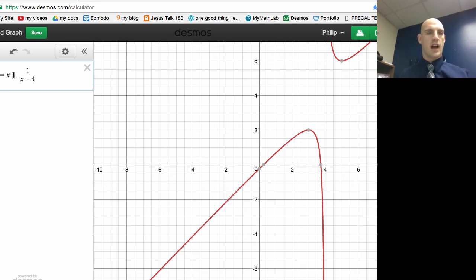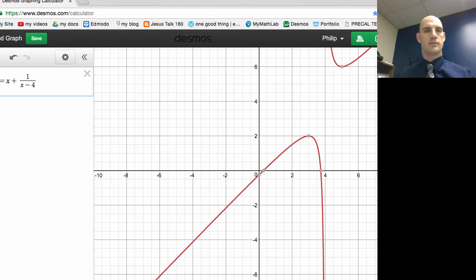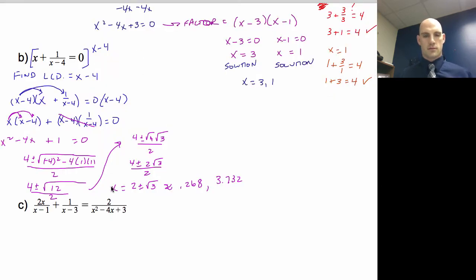So here's my function, x plus 1 over x minus 4, and I'm trying to figure out where it equals 0. If I hover over my graph here and do a second trace, find those zeros, I have 0.268 and also 3.732. And so when I go back to my evaluations here, this is a solution, and also this is a solution.